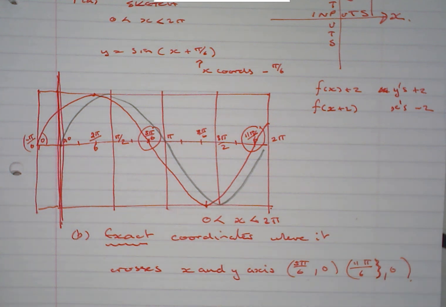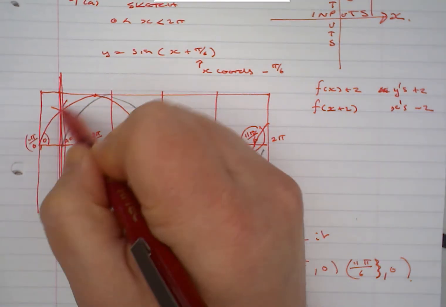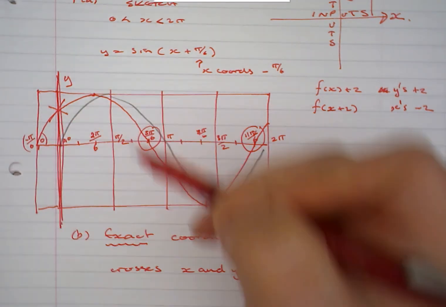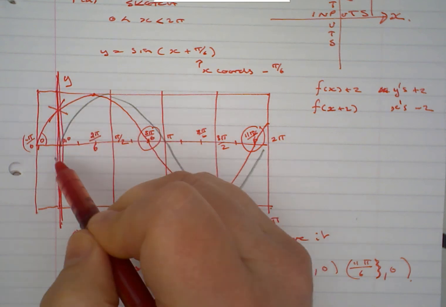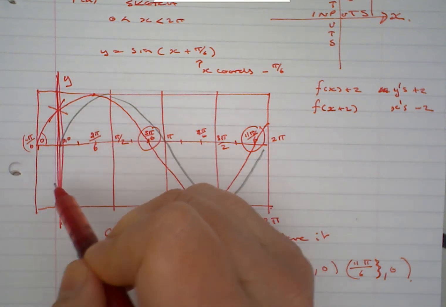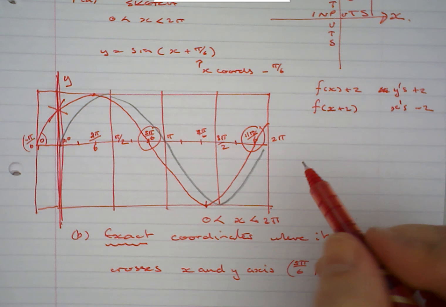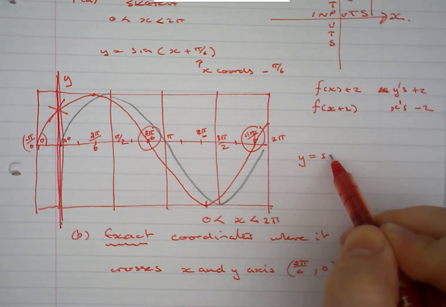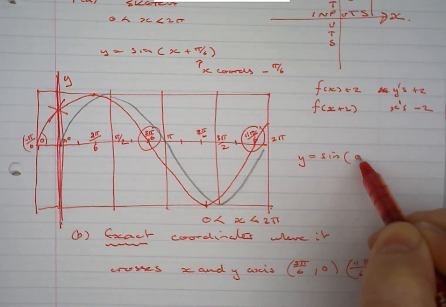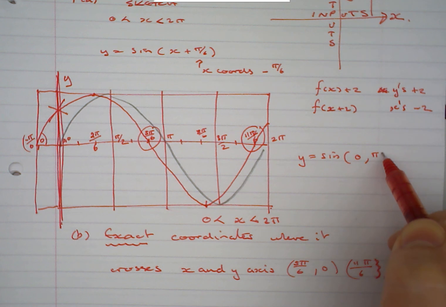Okay, so we've got one more thing to do, and that is we need to work out where it crosses the y-axis. What do we know about points on the y-axis is that you're not to the right, not to the left, so your x-coordinate must be 0. So what I have to do is put into my function the fact that the x-coordinate is 0. So it's sine of 0 plus pi by 6.